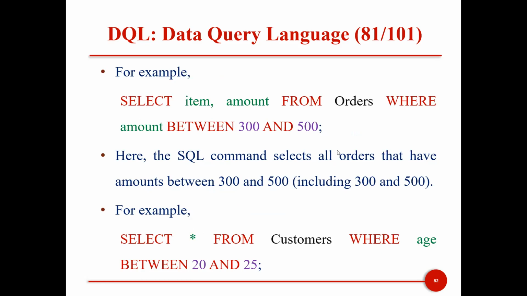So all the orders that are made where the amount is between 300 and 500 will be displayed. That is using the BETWEEN operator.